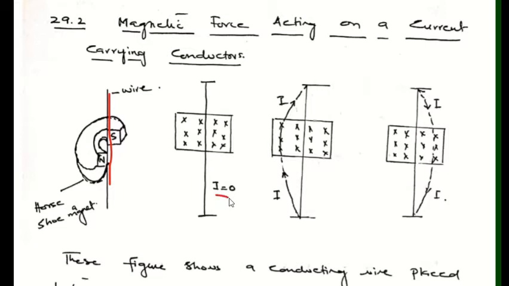When there is no current through the wire, you can see that it is stretched between these two points and is stationary. But when the current starts flowing from bottom to top, you see that it is being stretched towards the left side of the screen.